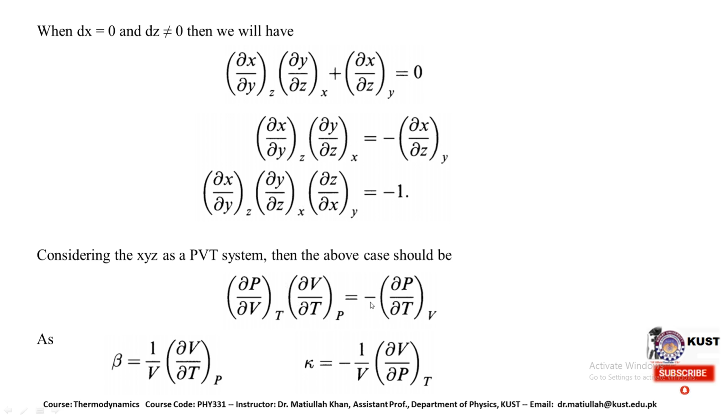And we have a physical interpretation of these two values: change in volume with respect to temperature when pressure is constant, and similarly the other physical property, the change in volume with respect to pressure when temperature is constant.